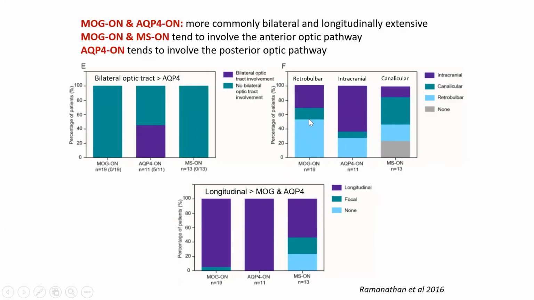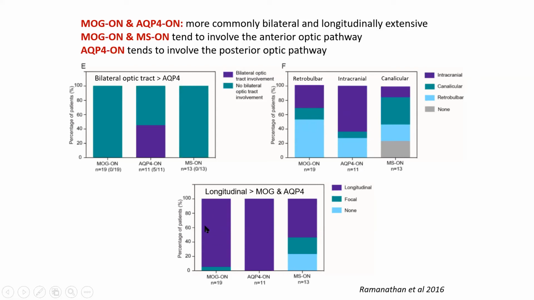And so if we compare the site of the optic nerve lesion, we can see that we have a more retrobulbar involvement, more frequent in MOG IgG antibody syndrome, while it tends to be more frequently intracranial in anti-aquaporin 4 antibody syndrome.